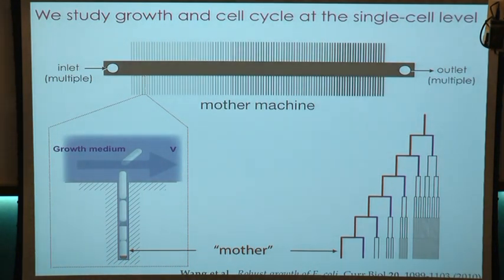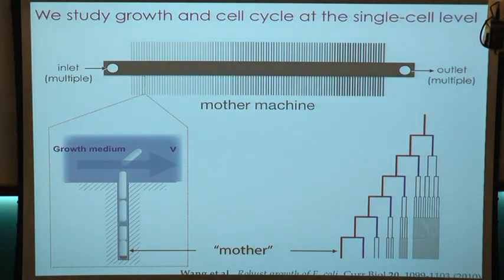So if you construct a linear tree, what you end up following is this leftmost line, this mother cell, quote unquote. Because we can retain and observe the fate of this mother cell for a very long time, this became known as the mother machine.